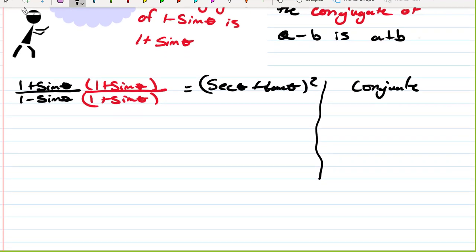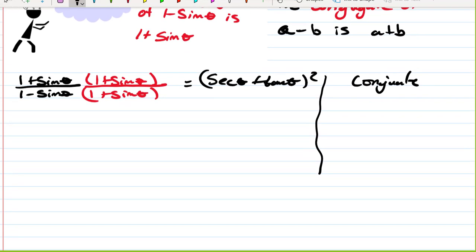So in the numerator, 1 plus sine theta times 1 plus sine theta is 1 plus sine theta squared. And 1 minus sine theta times 1 plus sine theta is the difference of squares, so that factors into 1 minus sine squared theta.